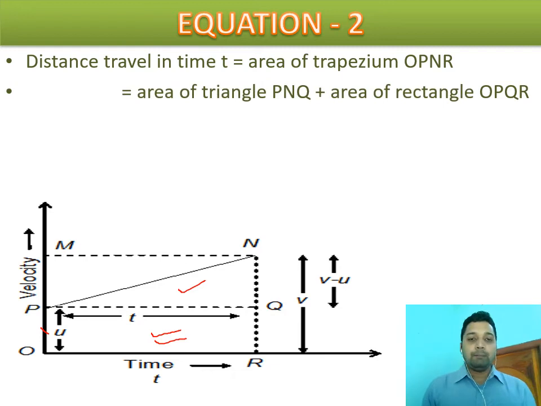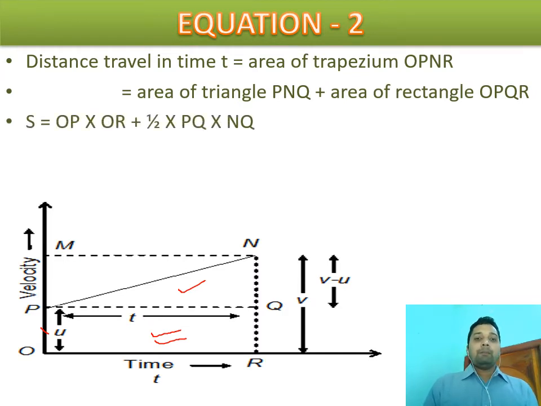So area of triangle PQN plus area of rectangle OPQR will give us the area of trapezium OPNR. Area of triangle is half into base into height, and area of rectangle is L into B. Here the area of triangle is half into PQ, the base, into NQ, the height, plus the area of rectangle OPQR, where OP is the breadth and OR is the length.